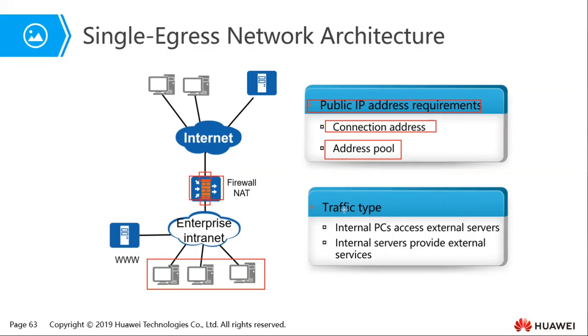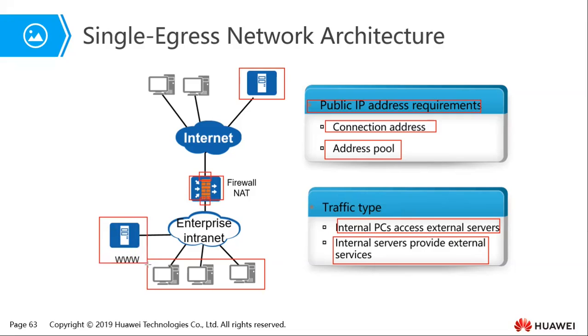On the traffic type, on this single egress network architecture, we might have internal PCs which want to access the external servers. So they want to access the internet really. And that means that we need to perform NATing. Then we might also have internal servers that provide external services.